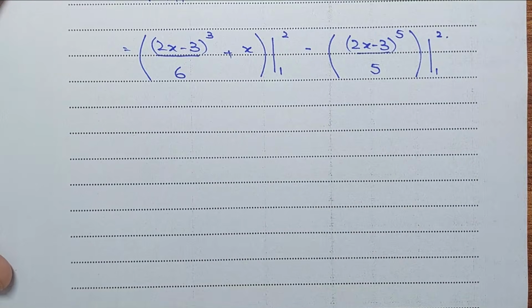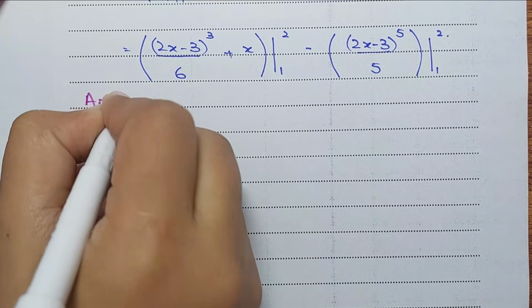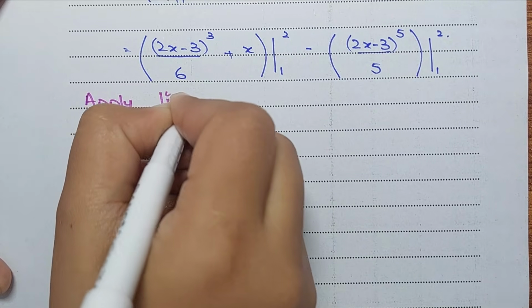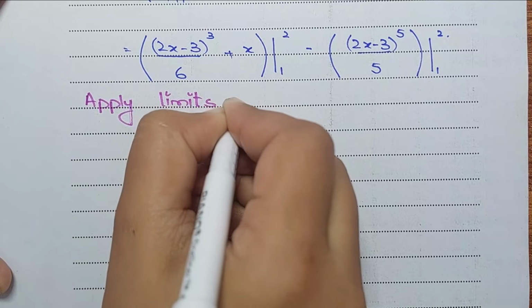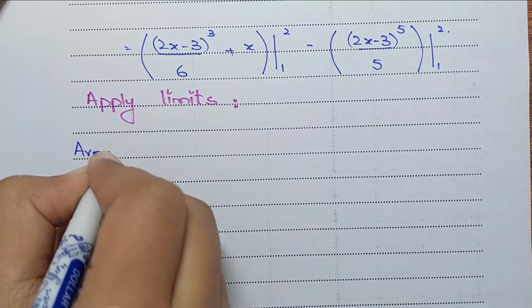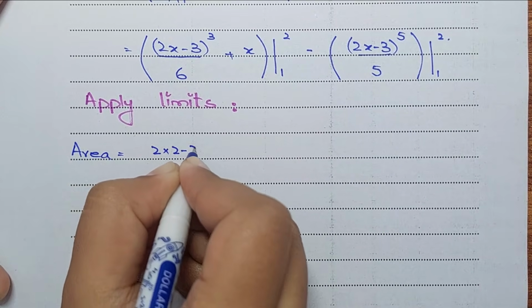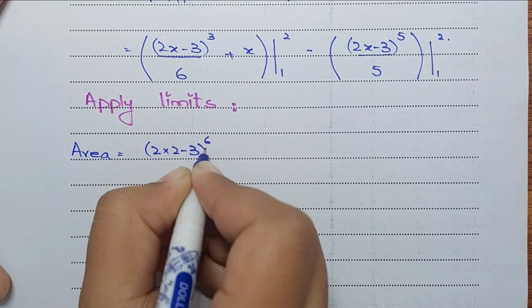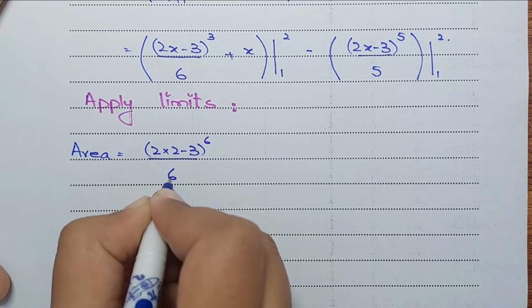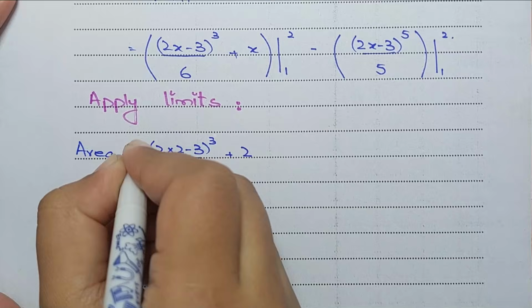Now let me apply the limits. After applying limits, the area becomes: the upper limit is 2, so (2 into 2 minus 3) cubed, divided by 6, plus 2 for the upper limit.